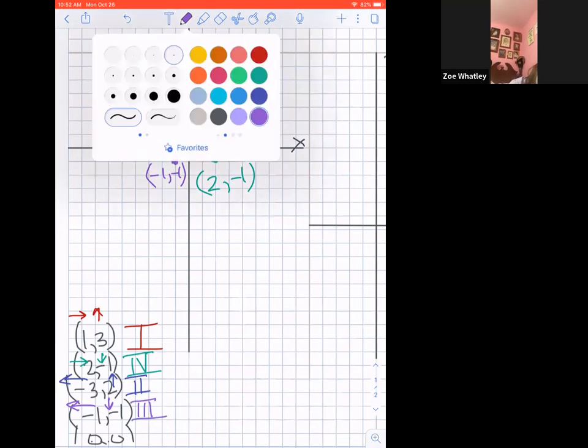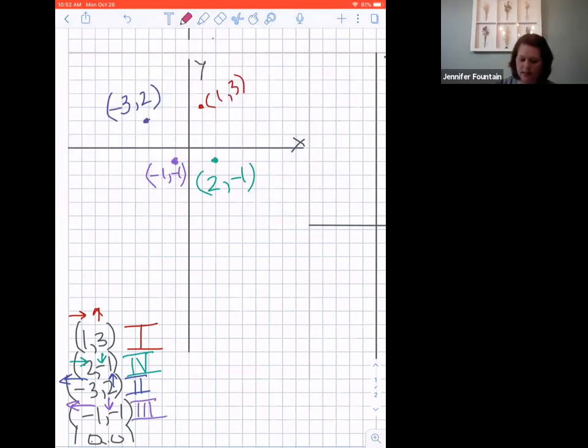All right, my last point is (0, 0). So I know that's going to be smack dab in the middle where my two lines intersect. And so if it says what quadrant or origin, what is this one? The origin. The origin.